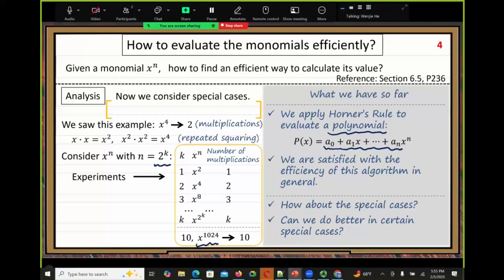Horner's rule. The coefficient is 1, so you do not need to multiply by that coefficient. How many multiplications do you need?